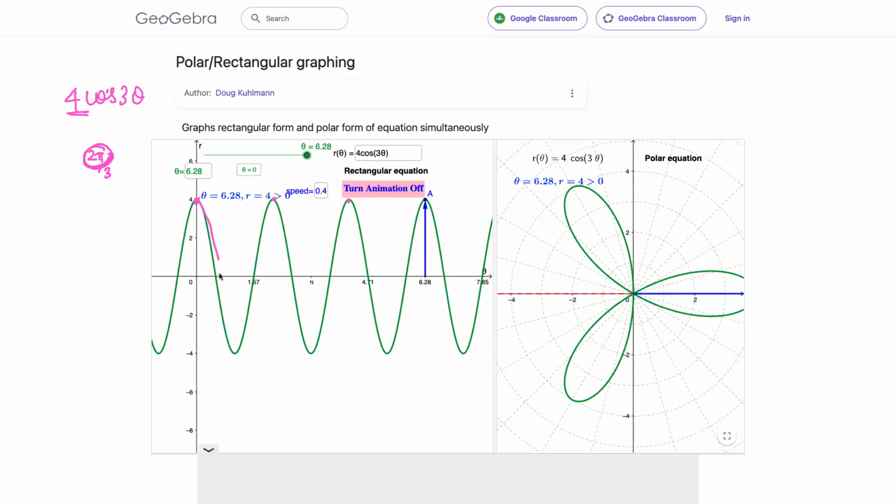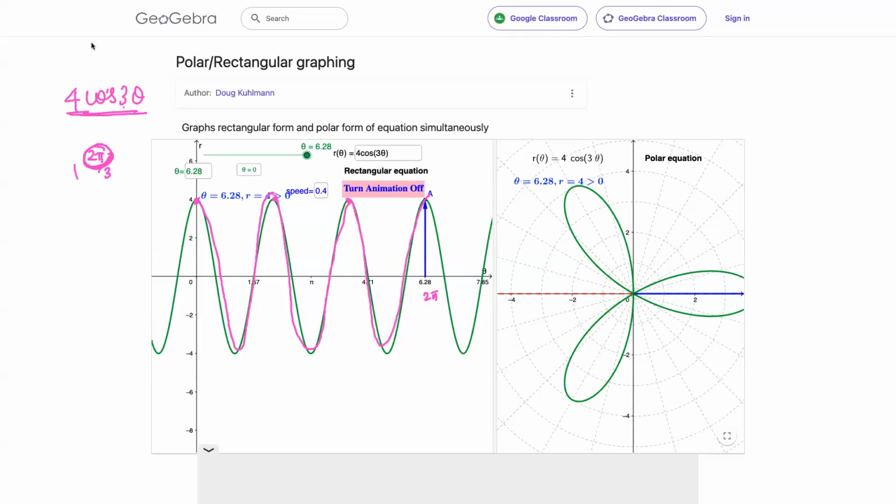We start here and go here. Within that 2 pi there will be 3 cycles. This is the second cycle, this is the third cycle. Any questions here?